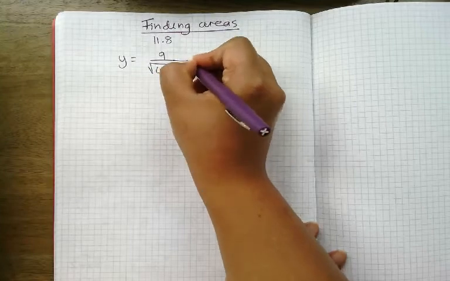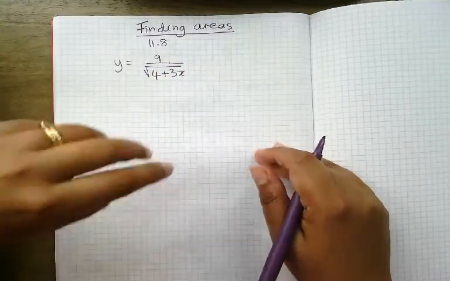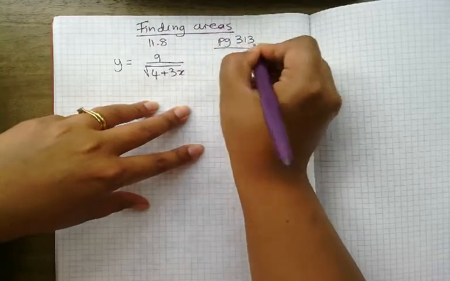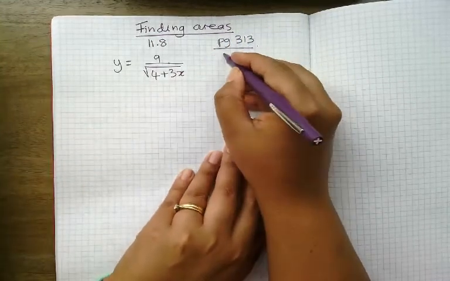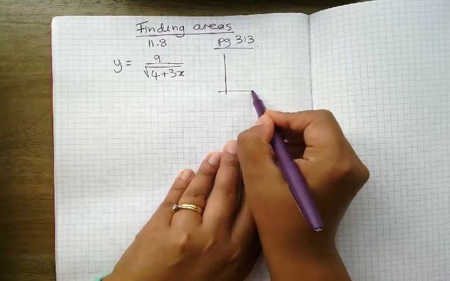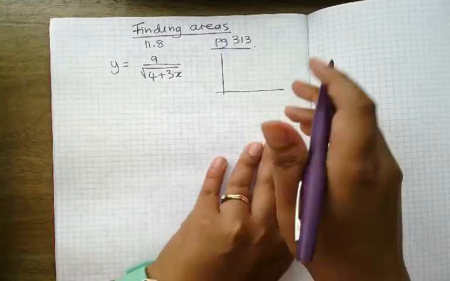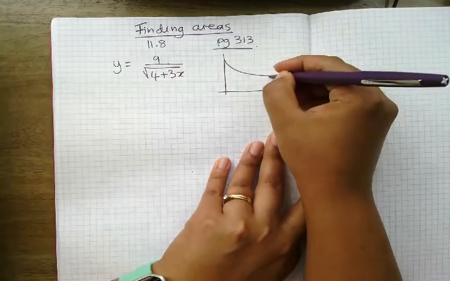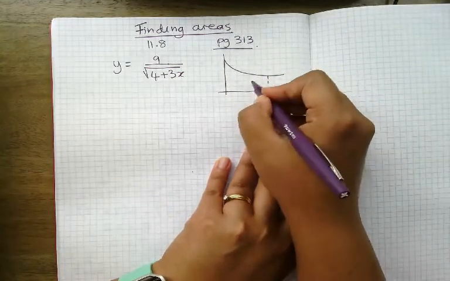Okay, so the first example is on page 313. This is the function that you've been given, and also a diagram has been given. Now, the diagram is not always given in your exam questions when it comes to questions like finding area under the curves.